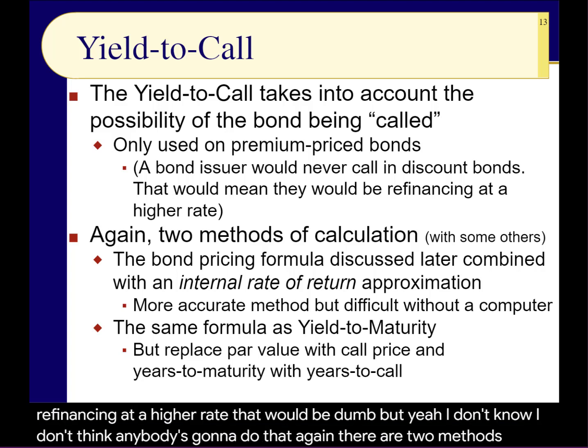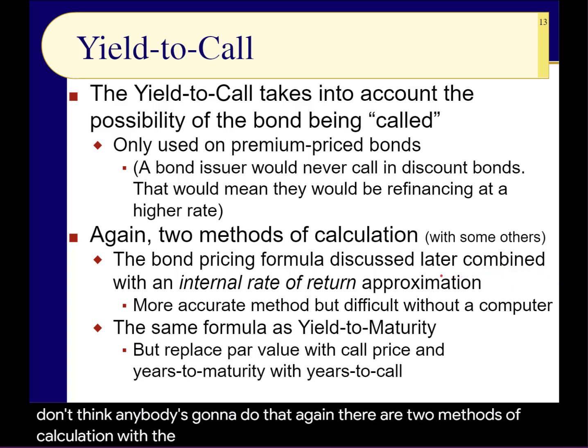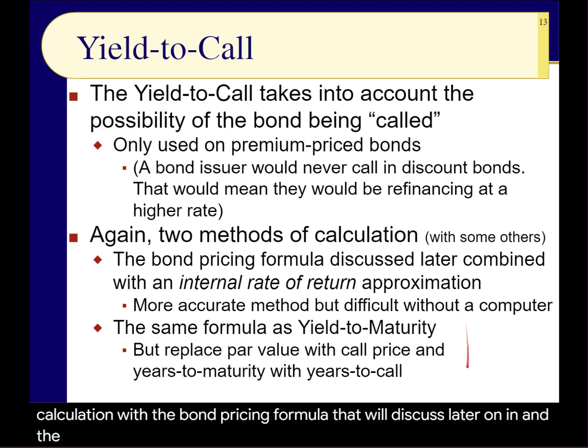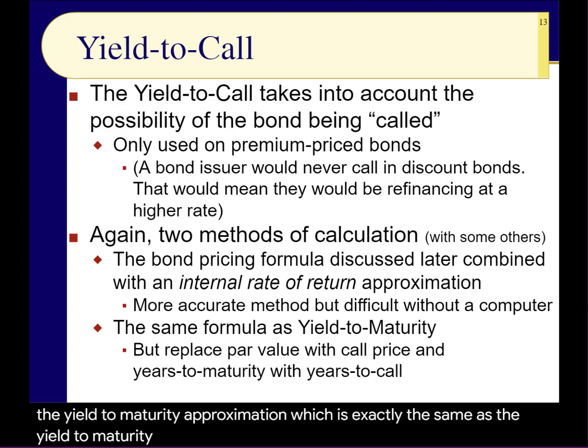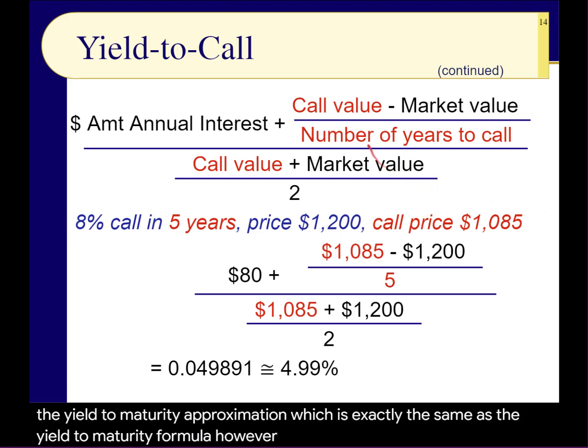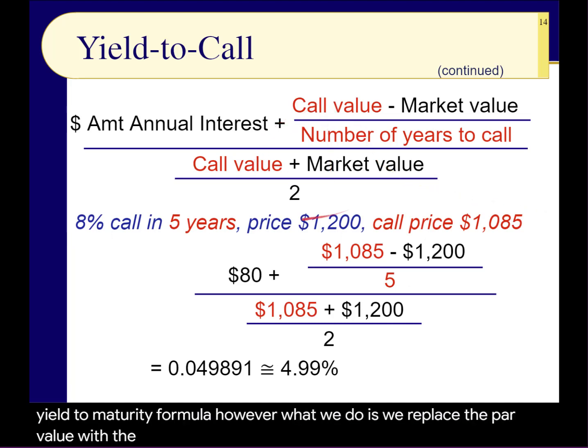Again, there are 2 methods of calculation with the bond pricing formula that we'll discuss later on in the second presentation. And the yield to call approximation is exactly the same as the yield to maturity formula. However, what we do is we replace the par value with the call value, the call price.